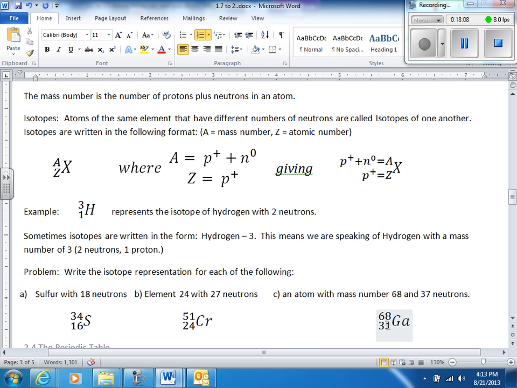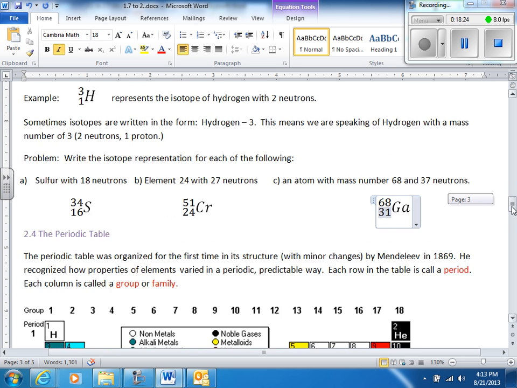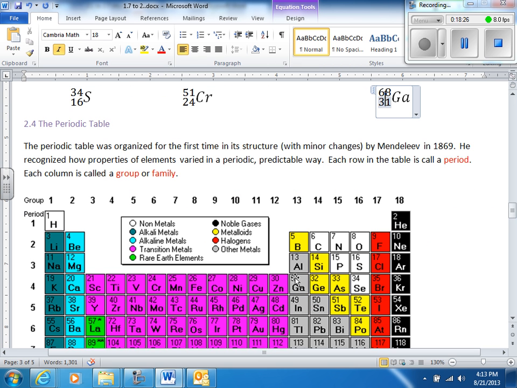Here's our isotope. Okay, mass number 68, 37 neutrons. So we know 68 goes on top. And to get the protons now, we have to subtract 37 from 68. That gives us 31 protons. Then we have to look it up on the periodic table. 31 protons is gallium. There we go. All right.